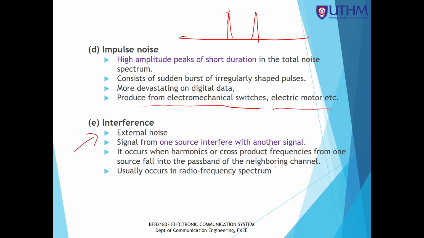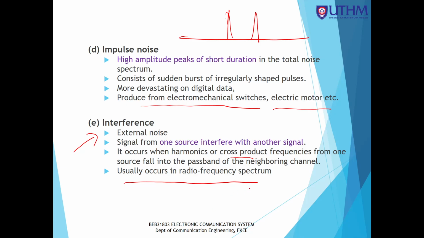And then interference. So interference is also a type of noise, but it is from a signal that has the same frequency as our signal. Okay, it occurs when the harmonics or cross product frequency from one source fall into the passband of the neighboring channel, usually occurring in the radio frequency spectrum.